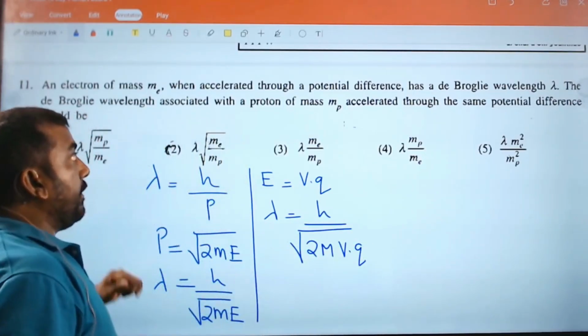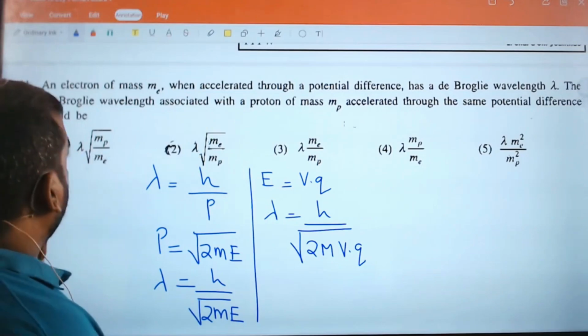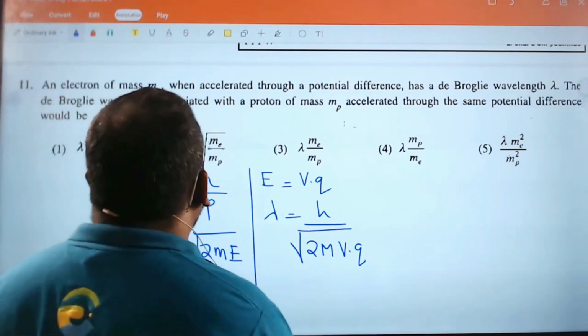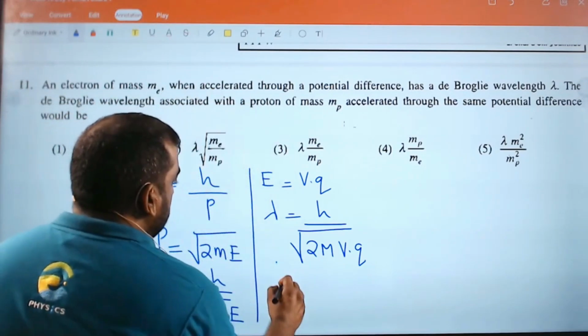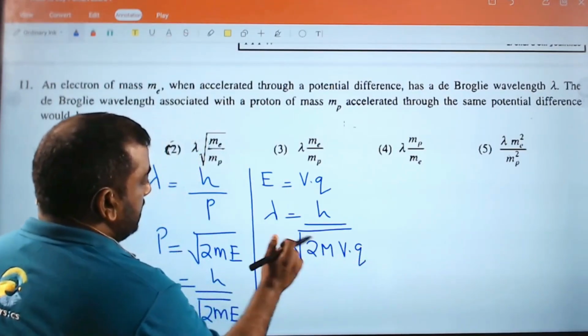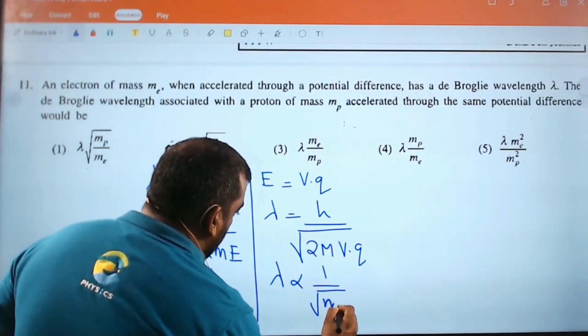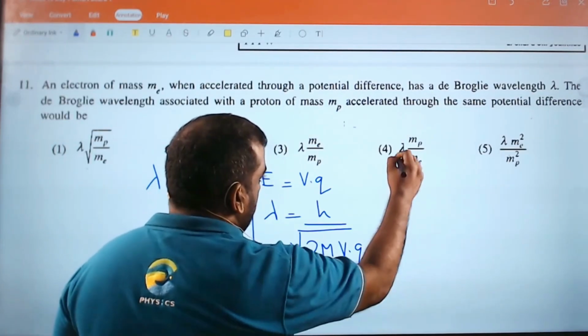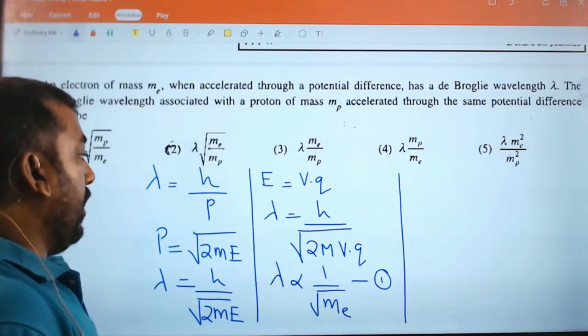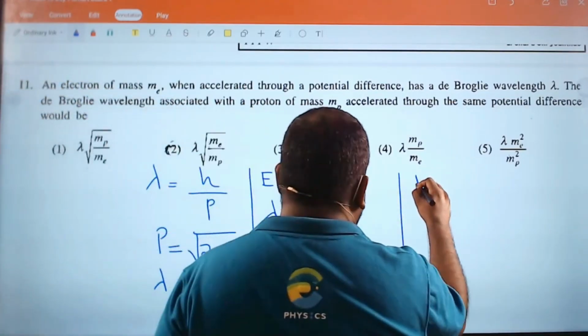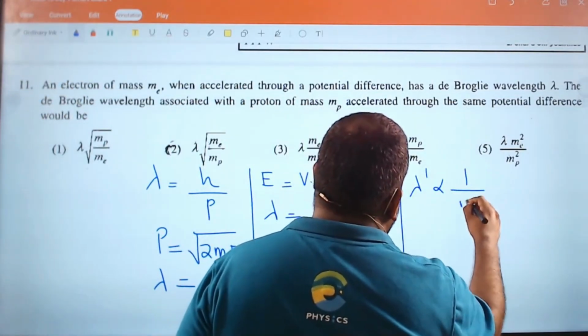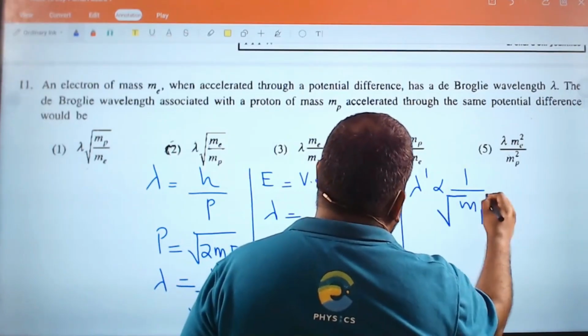Right. So what have they given you? De Broglie wavelength for an electron, sorry. So lambda, potential same, charge same, h same. So lambda is proportional to 1 over square root of me. Also lambda dash for a proton.